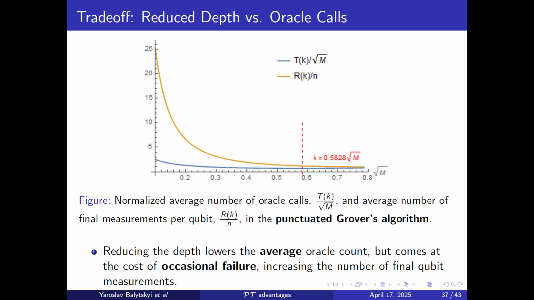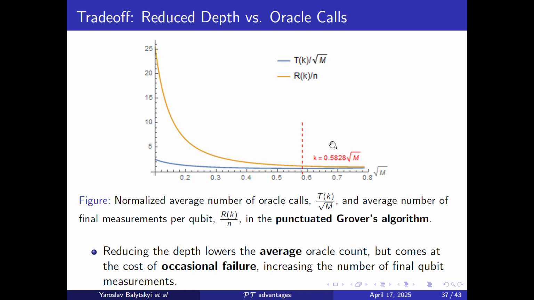Which is actually advantageous, to stop the Grover search before reaching the final point, because you can essentially just compute the average number of oracle calls needed to find the solution, and it turns out that its optimal value is not at the end; it's actually here.